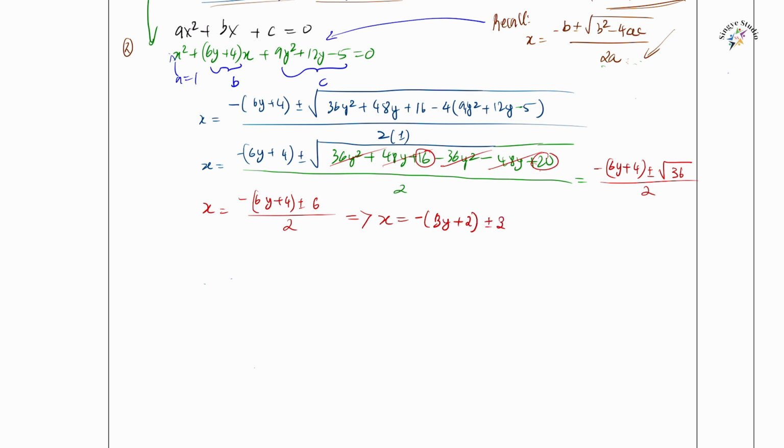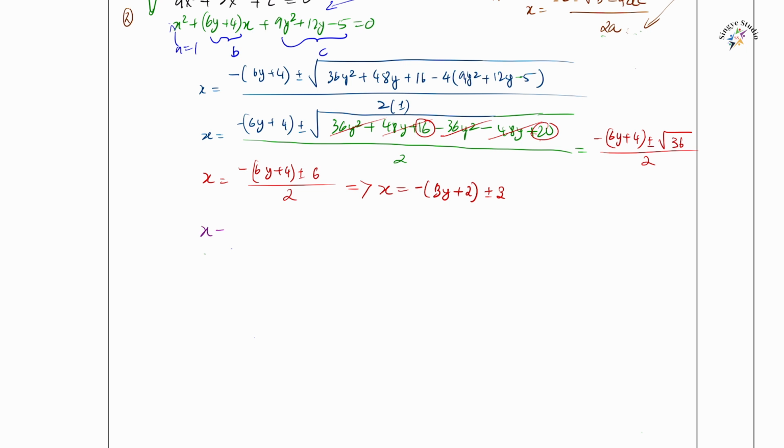And then we can have x equals, if you shift the whole thing here, then x plus 3y plus 2 equals plus or minus 3.